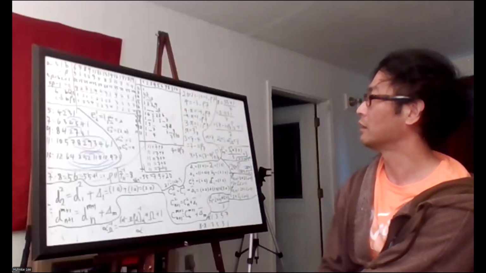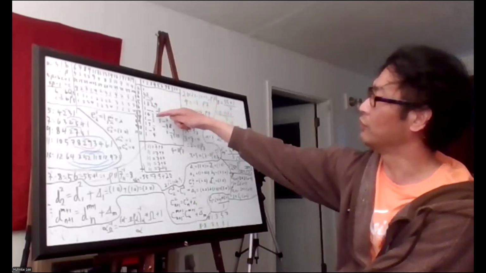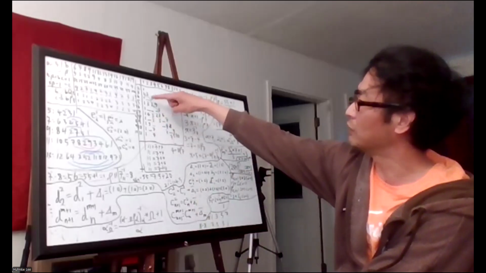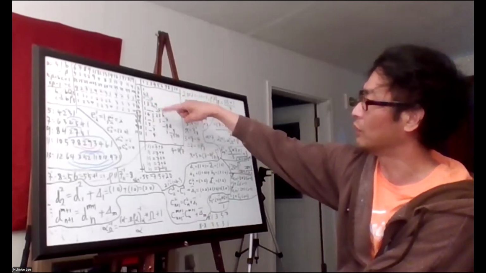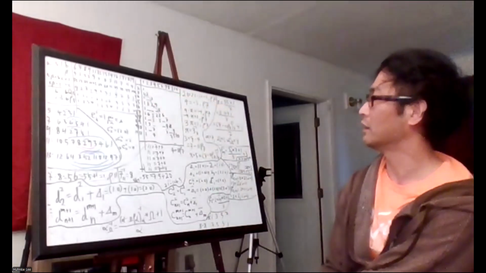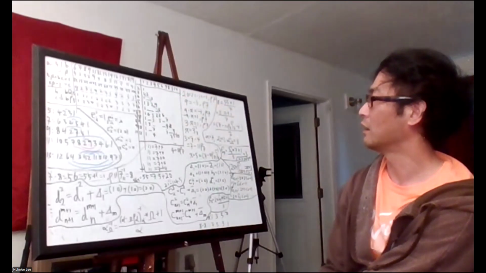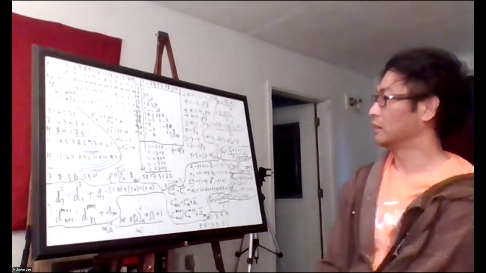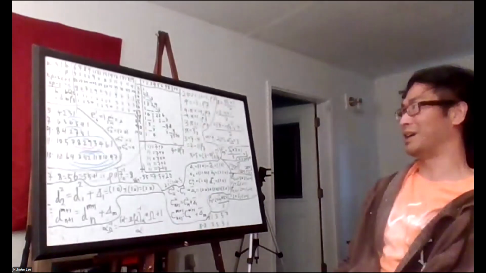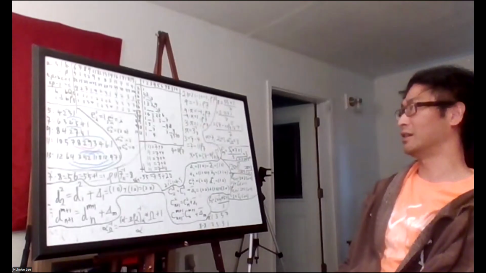Third column, 3, 2, 5, 3, corresponds to the third diagonal. Oh gosh, it's such a brain teaser.